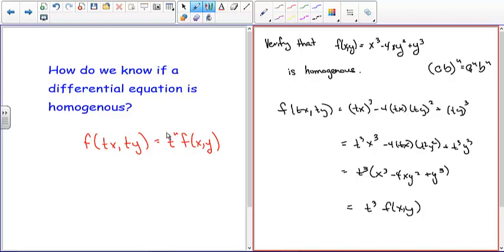You can think of it like physics, where you have units, and if the units were meters, you'd end up with meters cubed for all of the expressions. If I replaced, say in the second term, y squared with negative 4xy, then it wouldn't be homogeneous anymore, and I couldn't separate it.